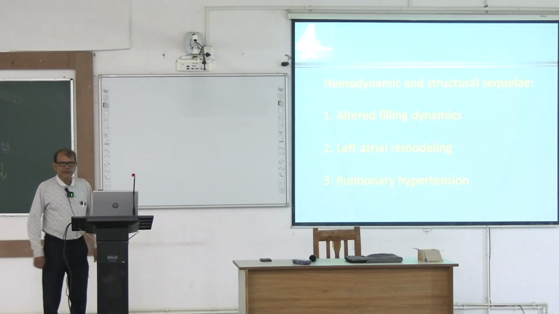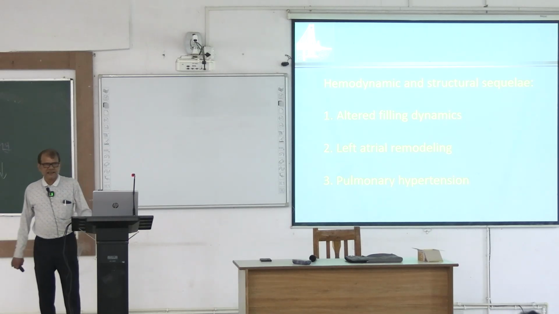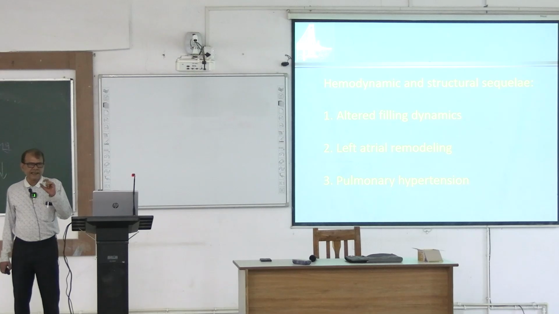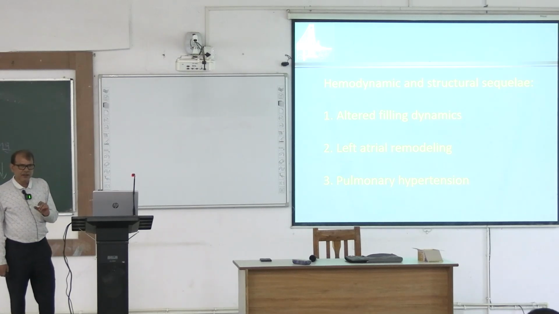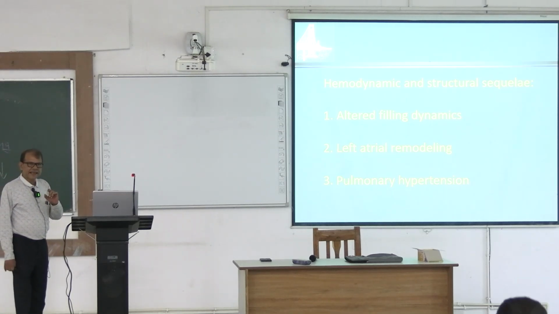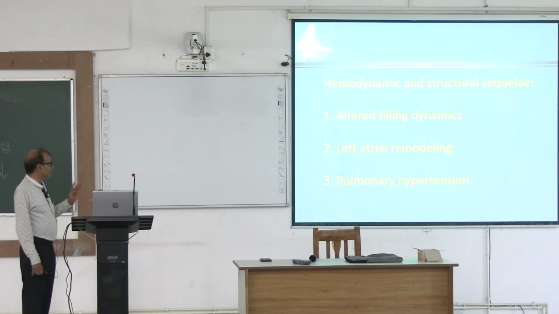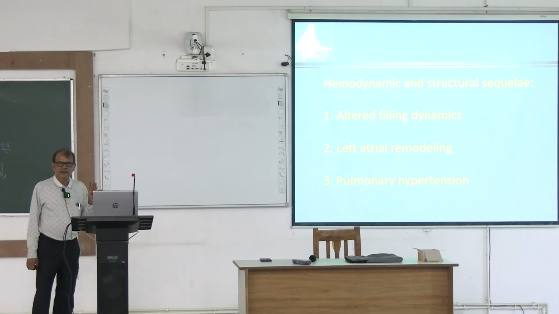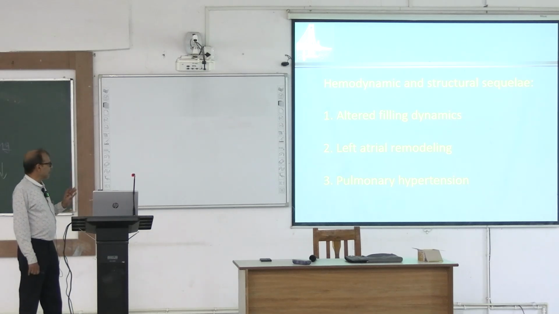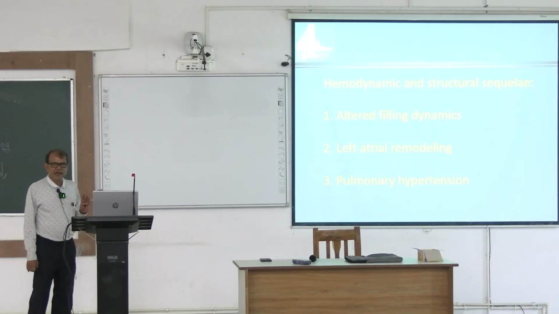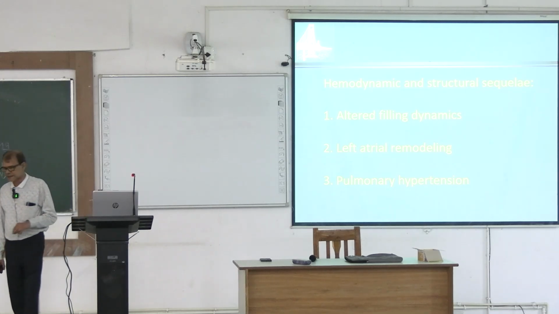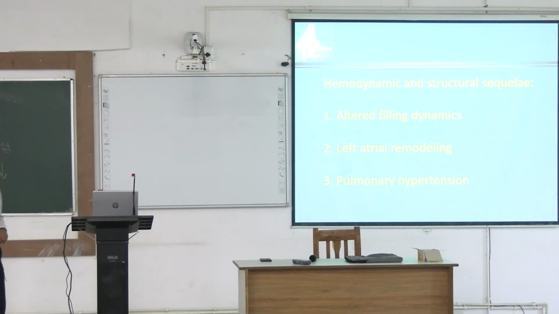Now the hemodynamic consequences. Mitral stenosis means narrowing of the mitral valve, that means inadequate filling of the left ventricle. So hemodynamic consequence again can be subcategorized into altered filling dynamics or altered filling pattern, left atrial enlargement, hypertension and remodeling, and third the pulmonary hypertension, both venous hypertension as well as arterial hypertension.